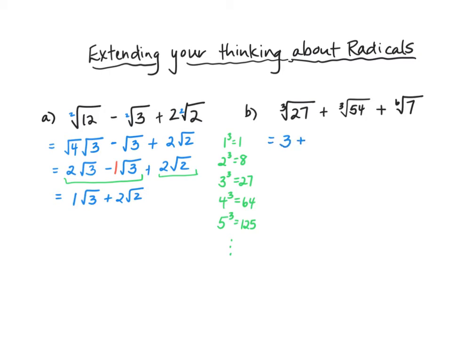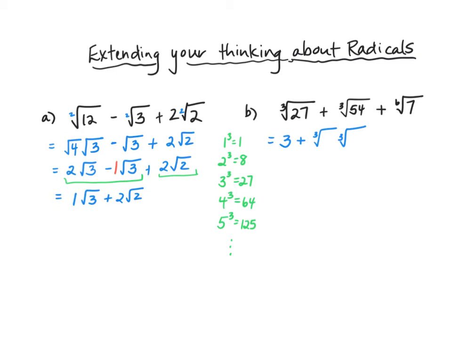Let's take a look at the next one. Cubed root of 54. I'm noticing here in my list of perfect cubes that 54 is not among them. So I am definitely going to have to try to factor the 54 in some way. When I am trying to factor the cubed root of 54, I am looking to use two numbers, one of which is a perfect cube this time.